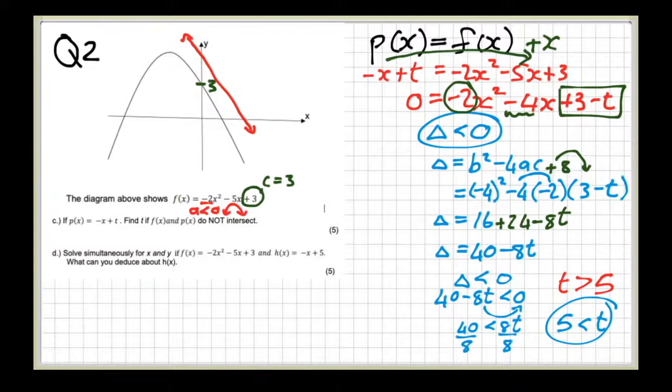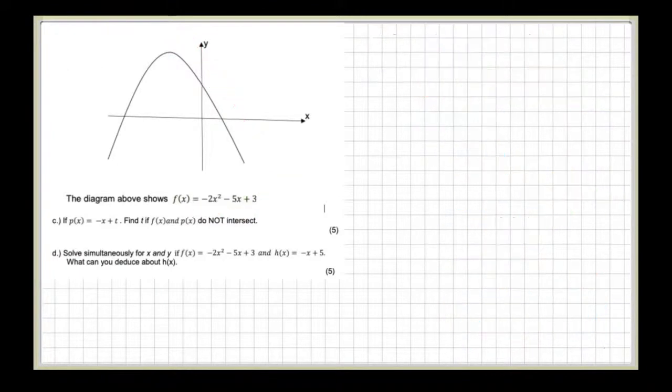So in other words, what are the values of t? Now, let's have a look at d. D kind of goes into the same space as C. But now they give me a value of t, which is now 5. So let's try D. Where they intersect is h of x equal to f of x.